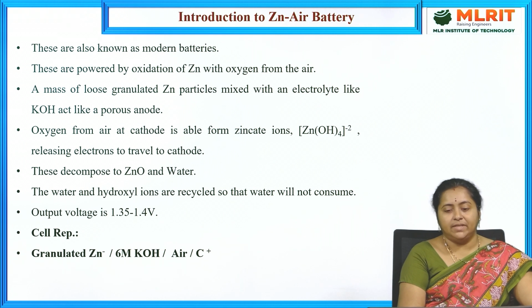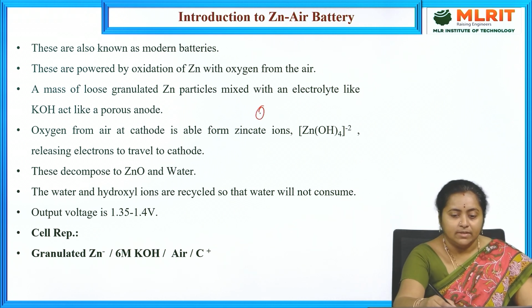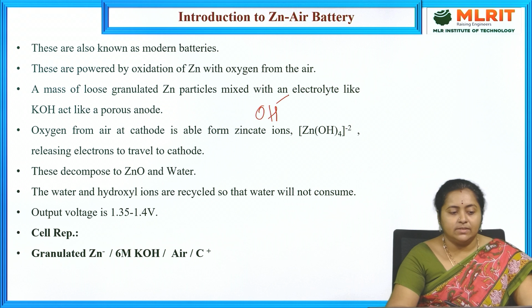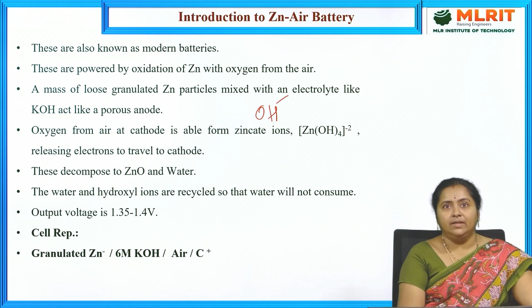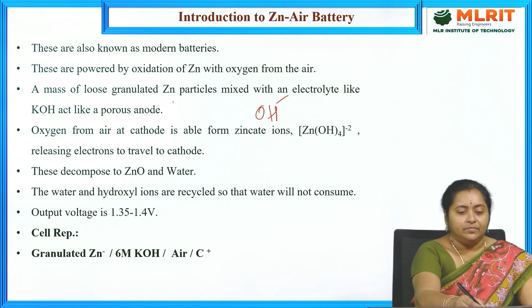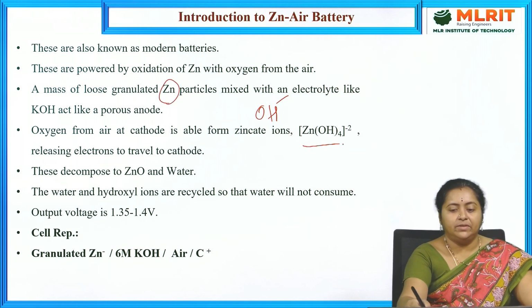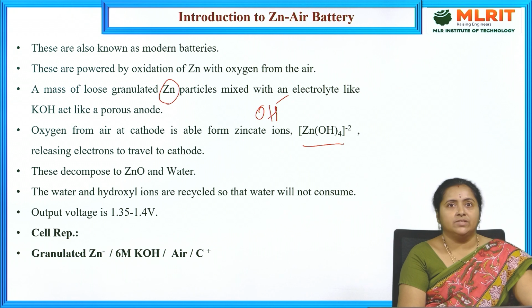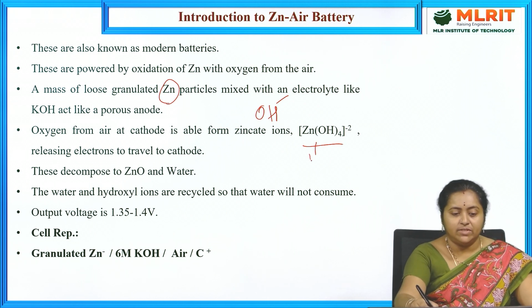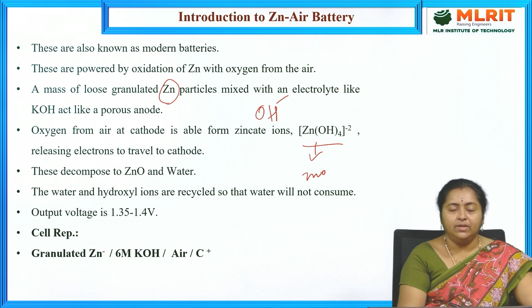As a result, it releases OH minus ions. These OH minus ions combine with the zinc metal ions, thereby converting into the corresponding zincate ions. So zincate ion formation takes place. These zincate ions further decompose, converting into ZnO, that is zinc oxide, and water.